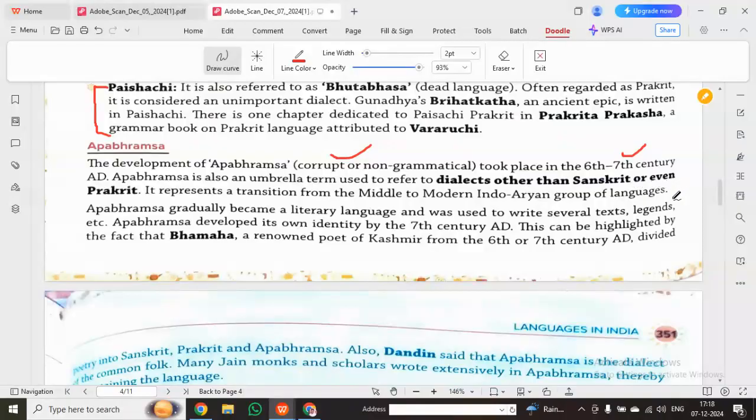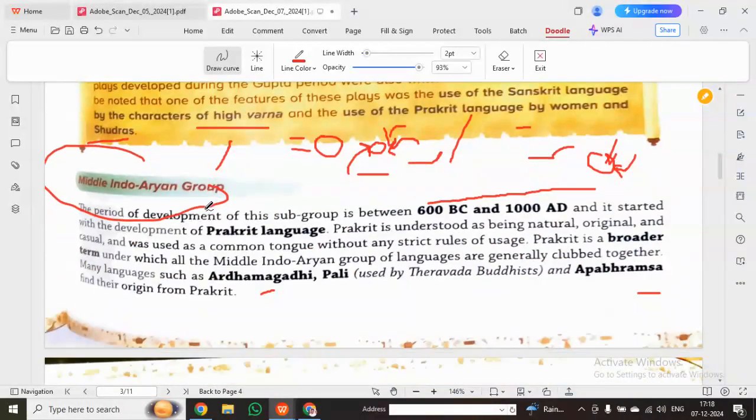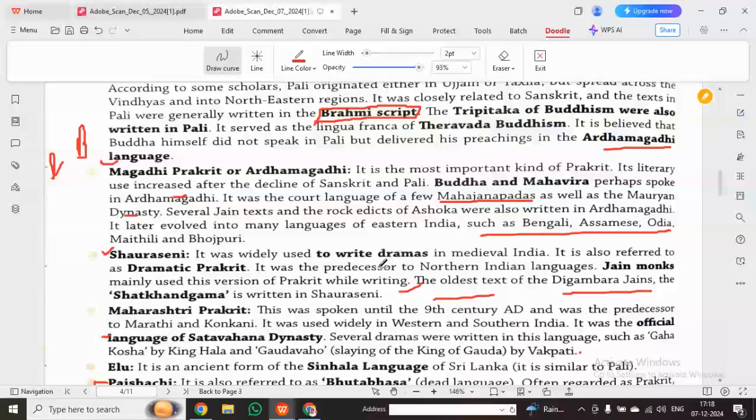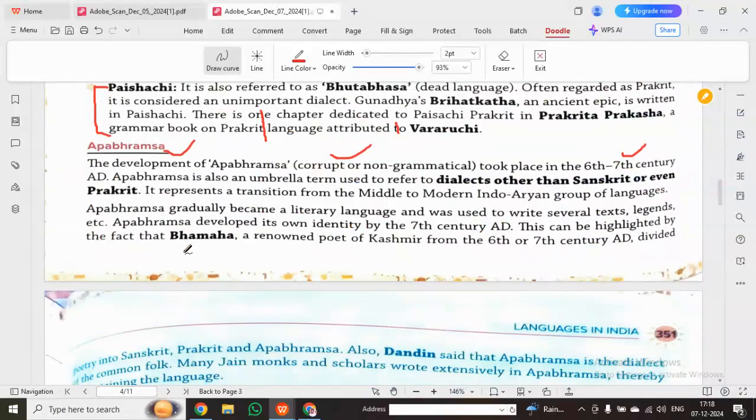So it is basically dialects other than Sanskrit or even Prakrit. ना संस्कृत और प्राकृत के अलावा जो भी डायलेक्ट से, अदर डायलेक्ट्स के अंदर ये आती थी, ठीक है. कम्स अंडर ये आपका मिडल से मॉडर्न, बिकॉज हम बढ़ क्या रहे हैं, व्हाट वी आर स्टडिंग इज द मिडल. ओल्ड एंशियंट हम पढ़ चुके, देन वी हैव द मिडल वन, देन मिडल से जो मॉडर्न में ट्रांसफर हुआ था उसकी लास्ट में ये भाषा थी, ठीक है.